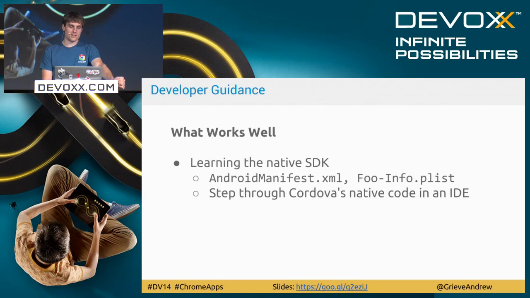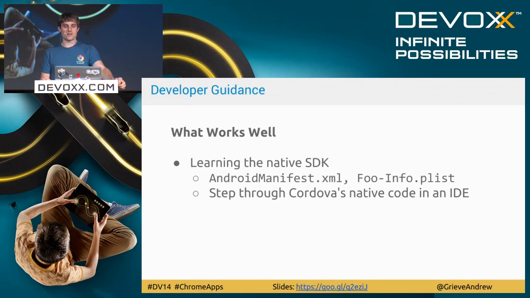And then maybe this is getting at a lecture point now, but I think it's quite worth it. There's a good return on investment if you spend the extra time to learn some of the tidbits about the native SDKs. Even if one of your reasons for wanting to build a hybrid application is that you don't want to learn about the native SDKs, there are some 5-minute sessions that make it worth it.